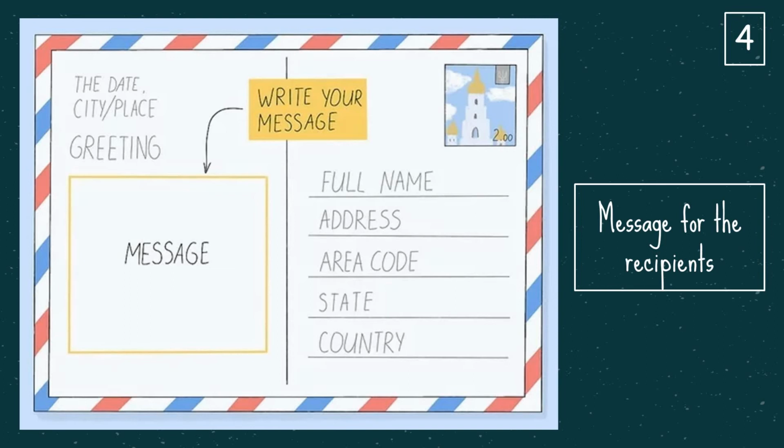We cannot make quite long sentences in our postcards. Why? Because the space that we have on the postcard is not quite big. So make sure that you write only important information that you want to tell to your family or your friends.